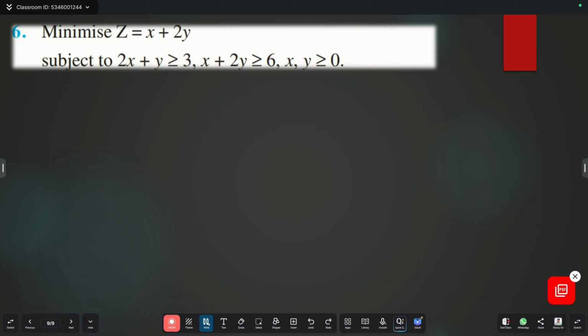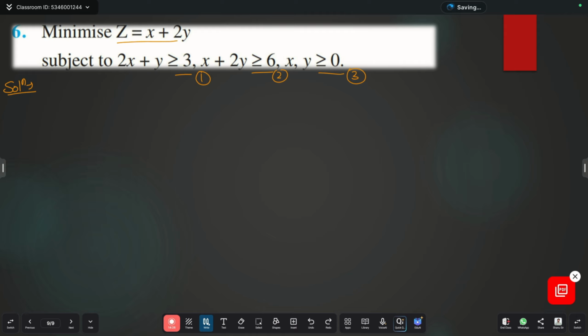Okay, start the solution. Z equals x plus 2y. As usual, how to write the answer? First, given: minimize z equals x plus 2y, subject to this constraint number 1, this constraint number 2, and this constraint number 3.